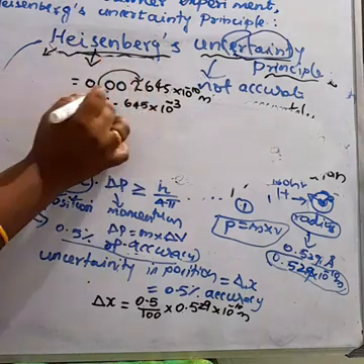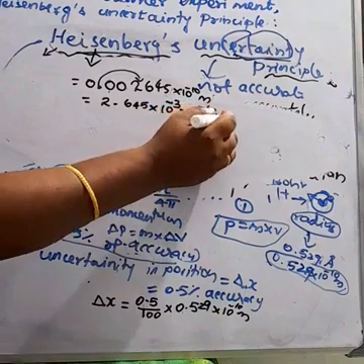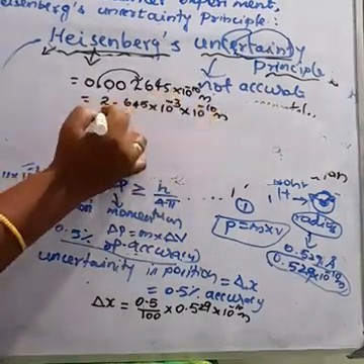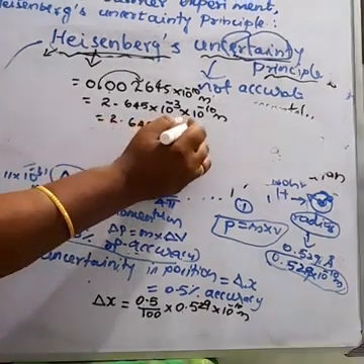So 10 power minus 3 we can write into 10 power minus 10 meter. By adding this power value, we get 2.645 into 10 power minus 13 meter. Understood?